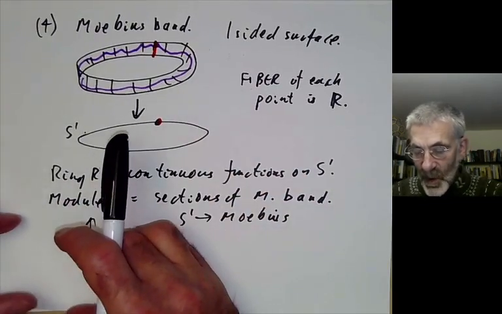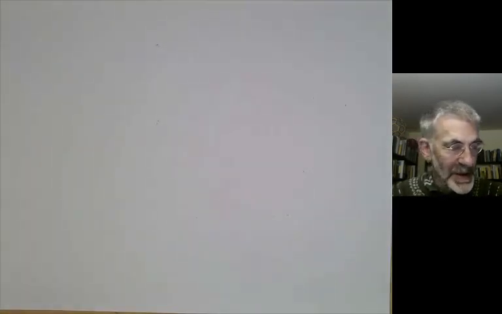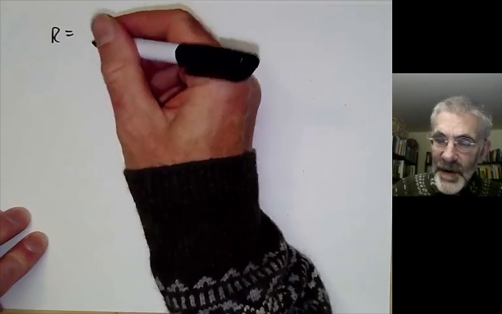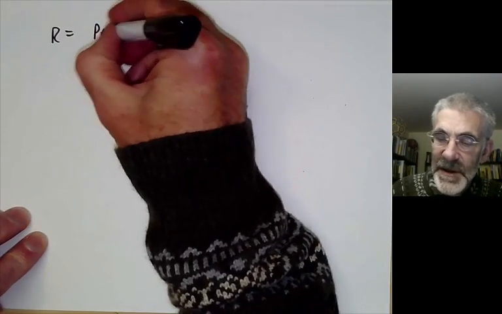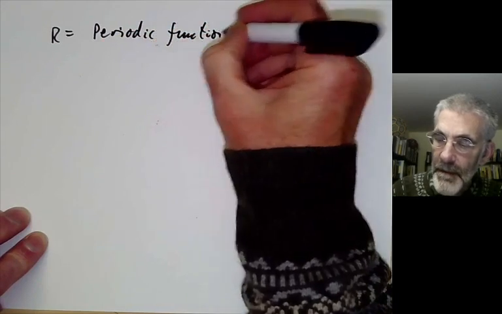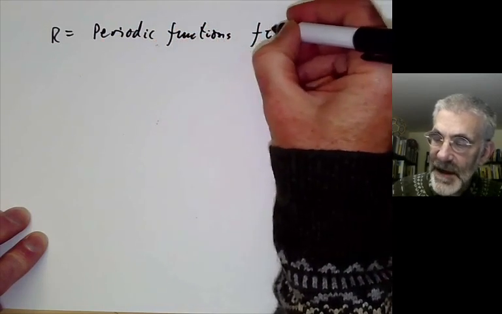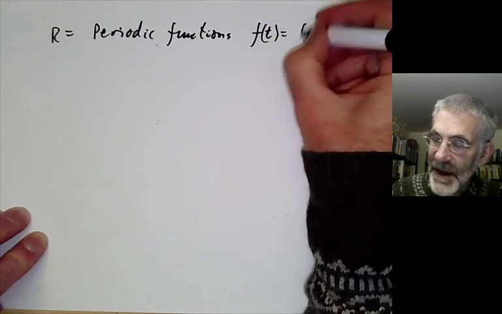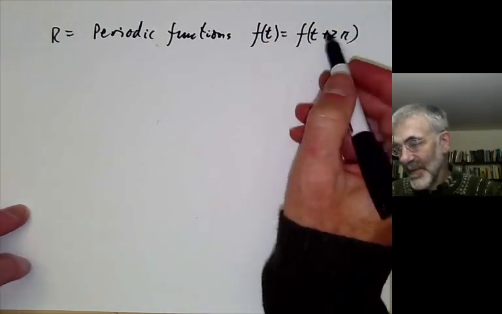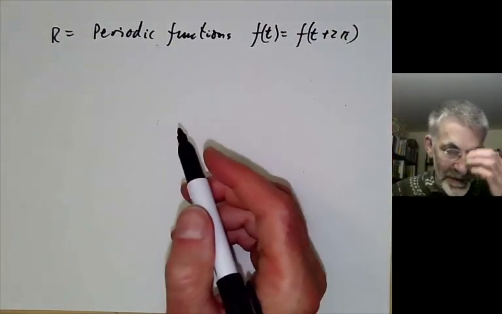So you can also write down this module structure more explicitly. So we can take R to be functions on a circle. Well, functions on a circle, we can just think of this as being periodic functions. So f of t is equal to f of t plus 2 pi. Let's just measure the circle in radians or something.